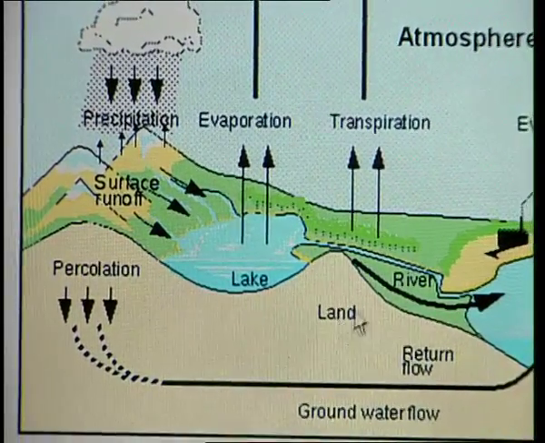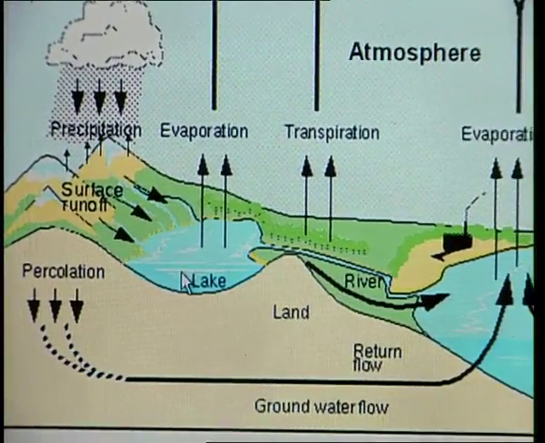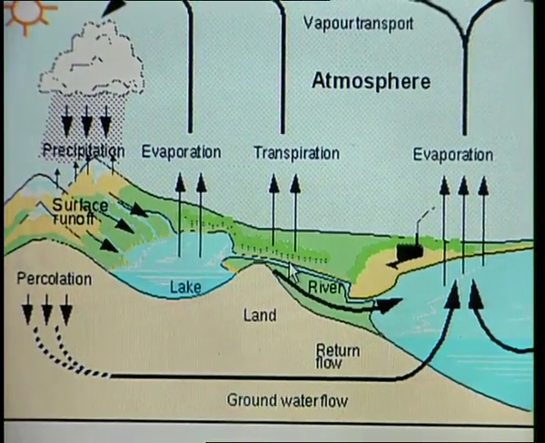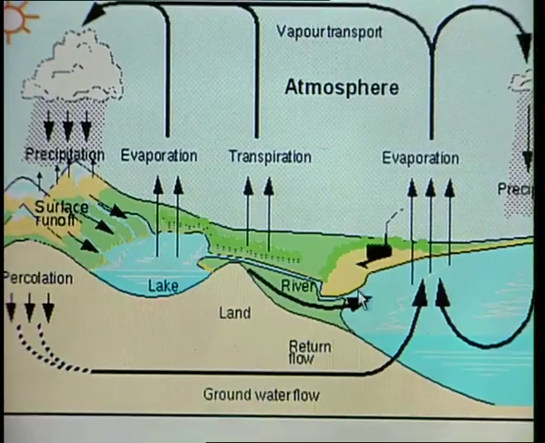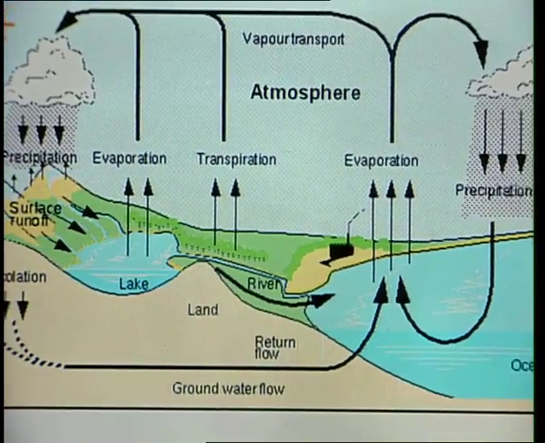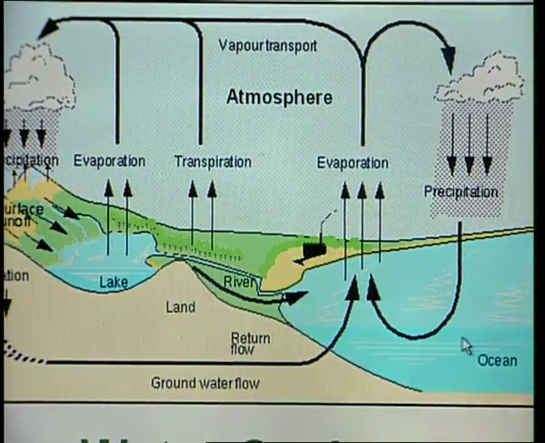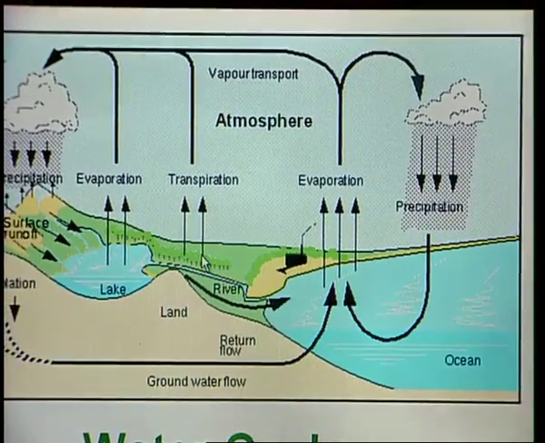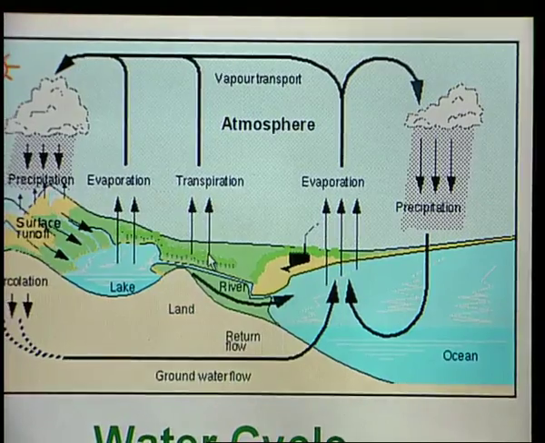The water in rivers and lakes as well as the surface groundwater eventually finds its way to the ocean. Some of the precipitated water is absorbed by plants and drunk by animals.